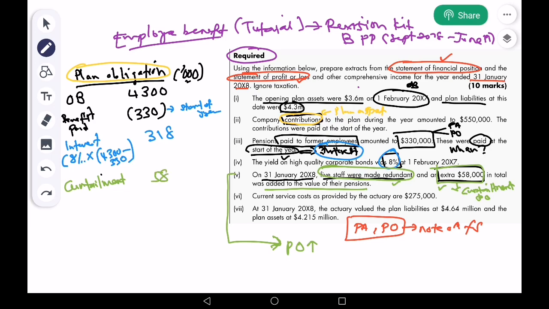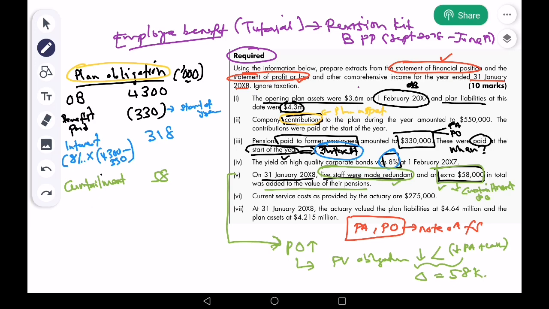Okay, class. Just to go back to what I said in my first video, part 1. If you have to put extra, it shows that the present obligation, what you pay, that means your plan asset or cash is reduced more compared to the present obligation, and the difference is equal to 58k.